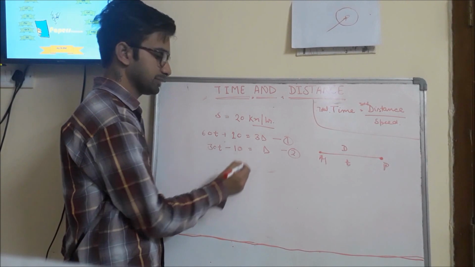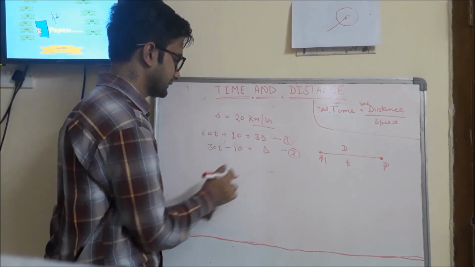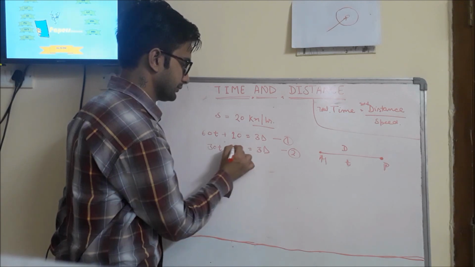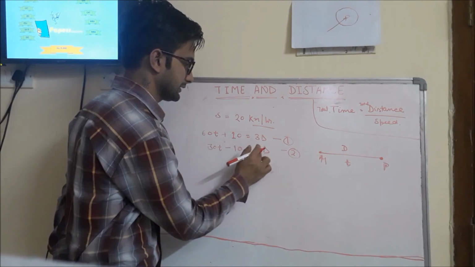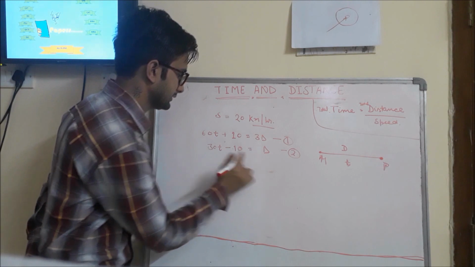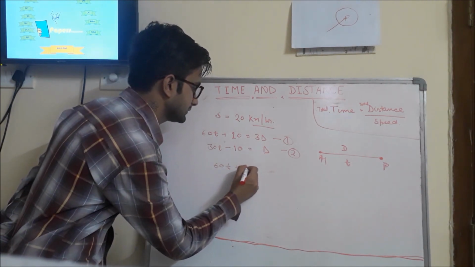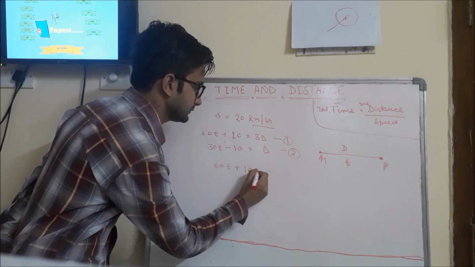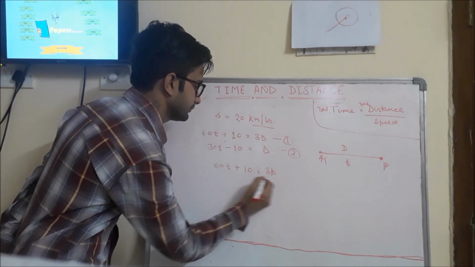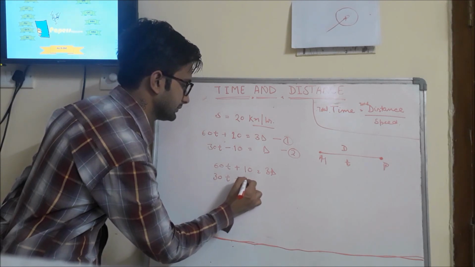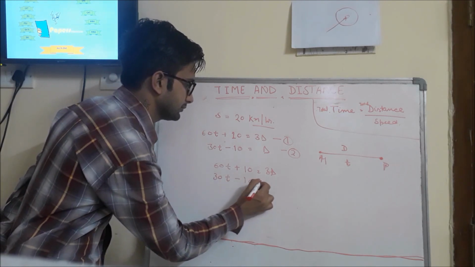It's a simple problem. We have to find out the values of t and d. Let me write it down again. Here, 60t plus 10 is equal to thrice of d, and 30t minus 10 is equal to d.